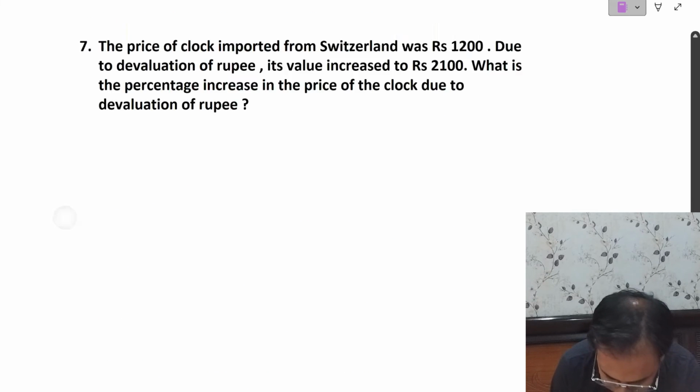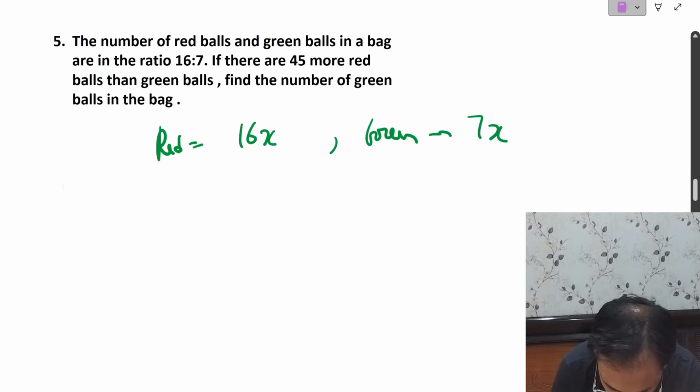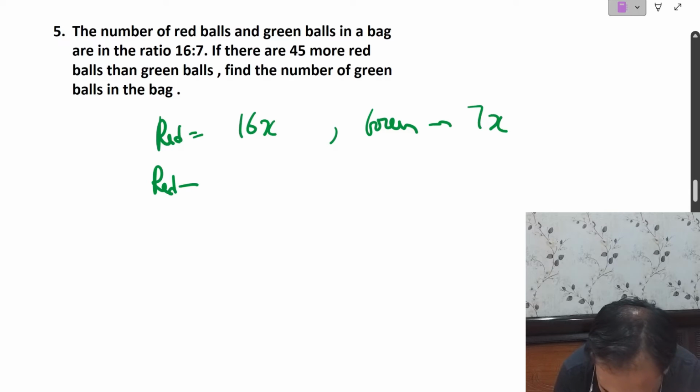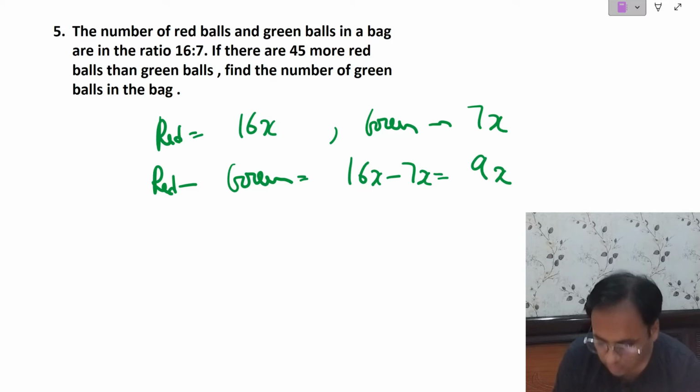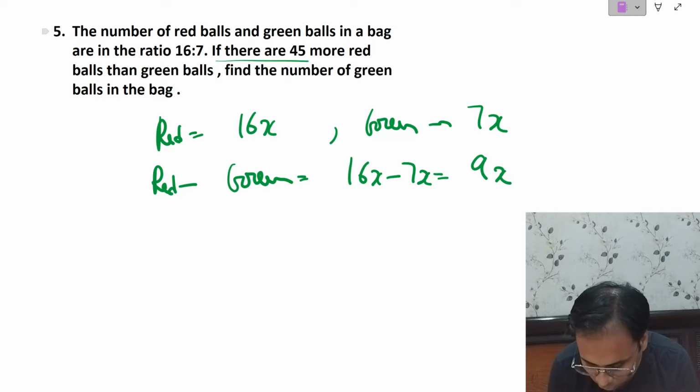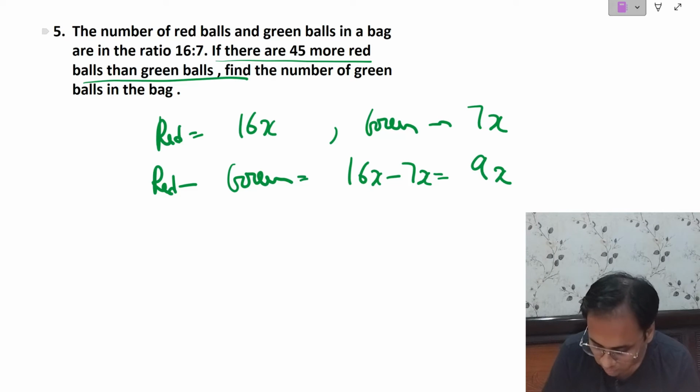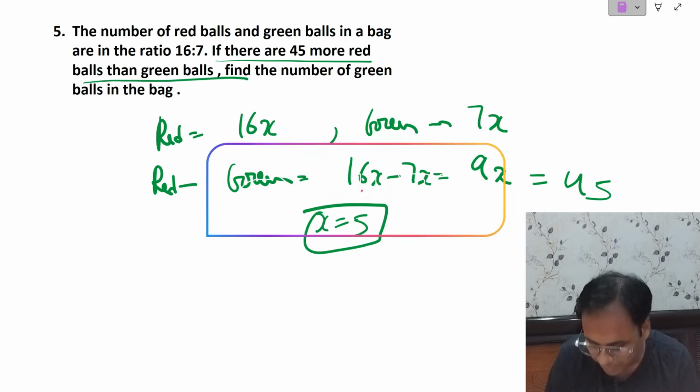So if we see the difference of red and green, what comes up? It is red minus green equal to 16x minus 7x equal to 9x, and that difference is equal to 45. Okay, so 9x equal to 45, it means x equal to 5.